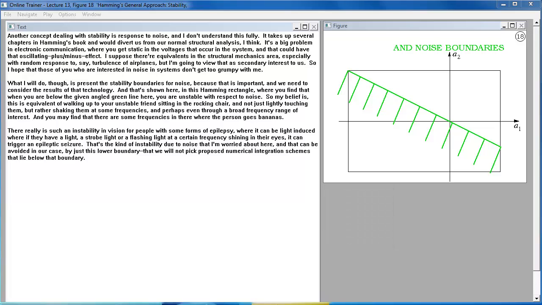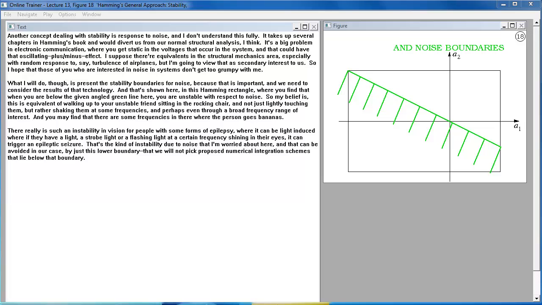I suppose there's equivalents in the structural mechanics area, especially with random response, say, to turbulence of airplanes, but I'm going to view that as secondary interest to us, so I hope those of you that are interested in noise in systems don't get too grumpy with me.